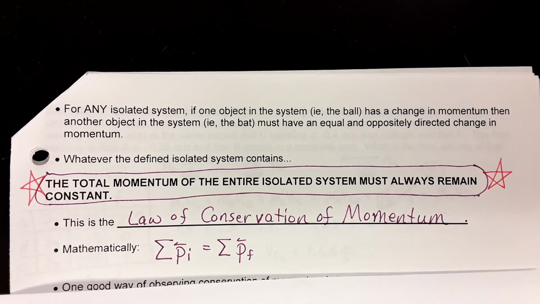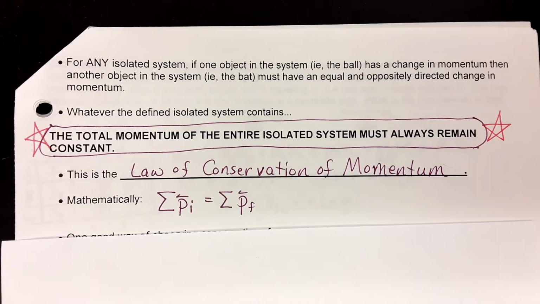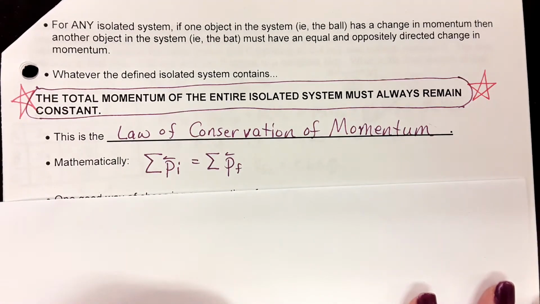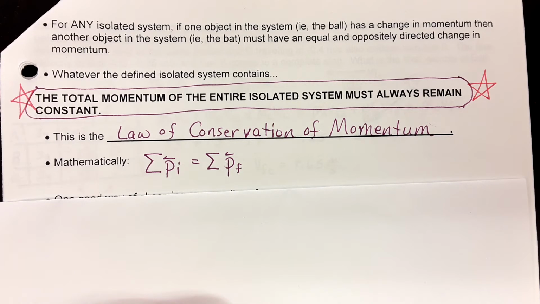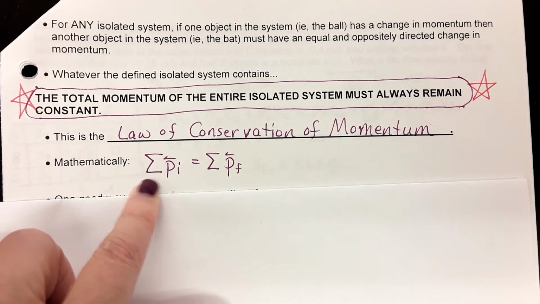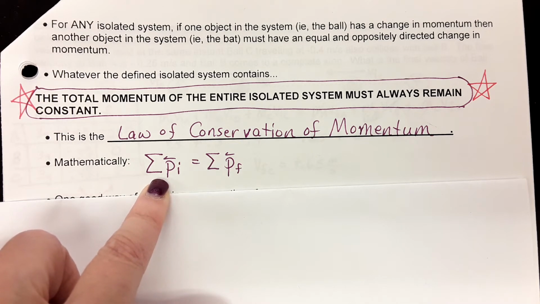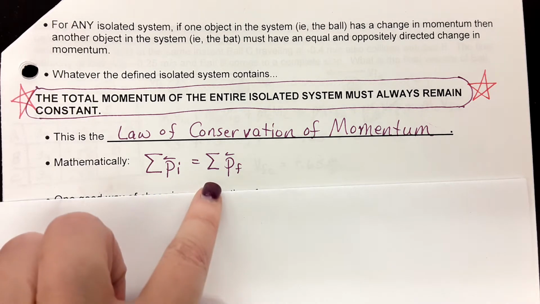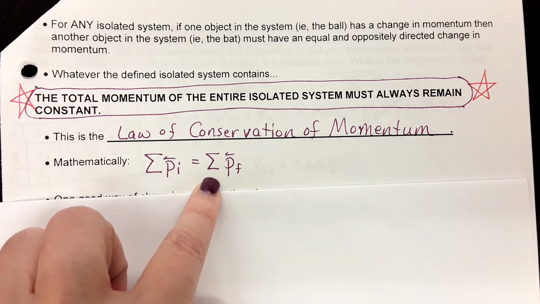Now, that means we can look at the momentum of the entire system as long as it's isolated. The momentum of the entire system must always remain constant. This is what we call the law of conservation of momentum. Basically, it's telling us that the sum of the initial momentum of the system before they collided must equal the sum of the final momentum after they collide.